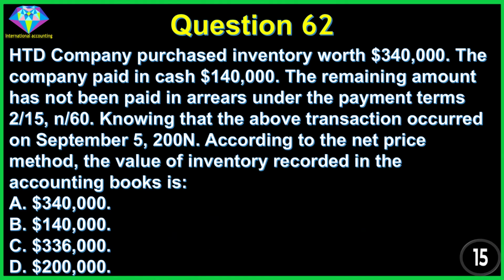Knowing that the above transaction occurred on September 5, according to the net price method, the value of inventory recorded in the accounting books is A. $340,000, B. $140,000, C. $336,000, D. $200,000. The answer is $336,000.